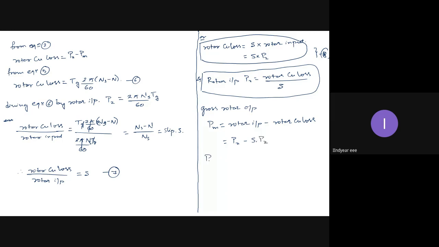Therefore, Pm is equal to P2 into 1 minus S.